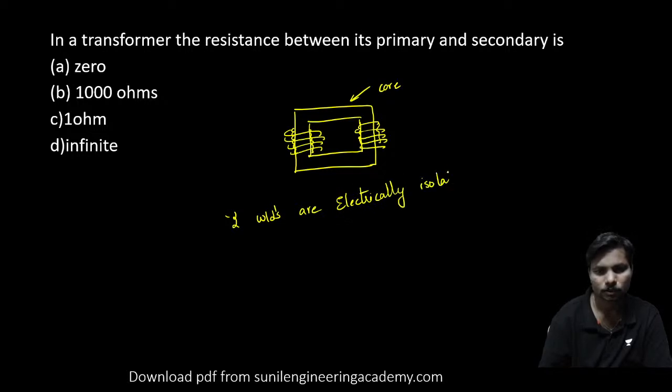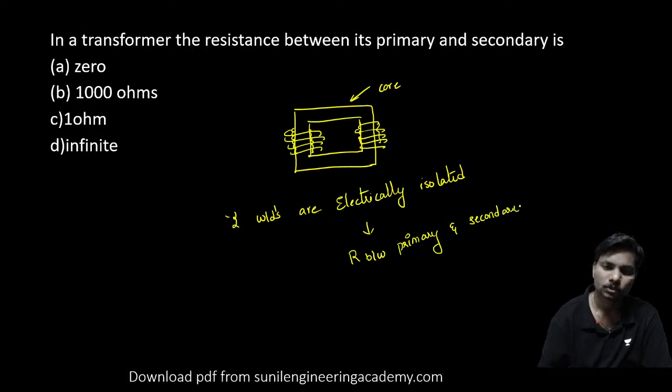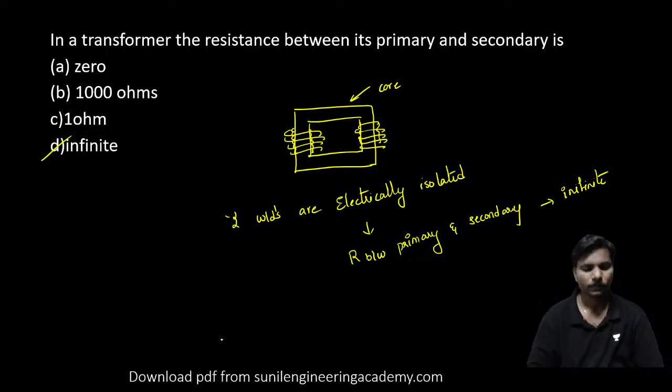Electrically isolated means what is the resistance between primary and secondary? Zero or infinity? It is an open circuit, so it is almost infinite. So the answer is the option for infinite.